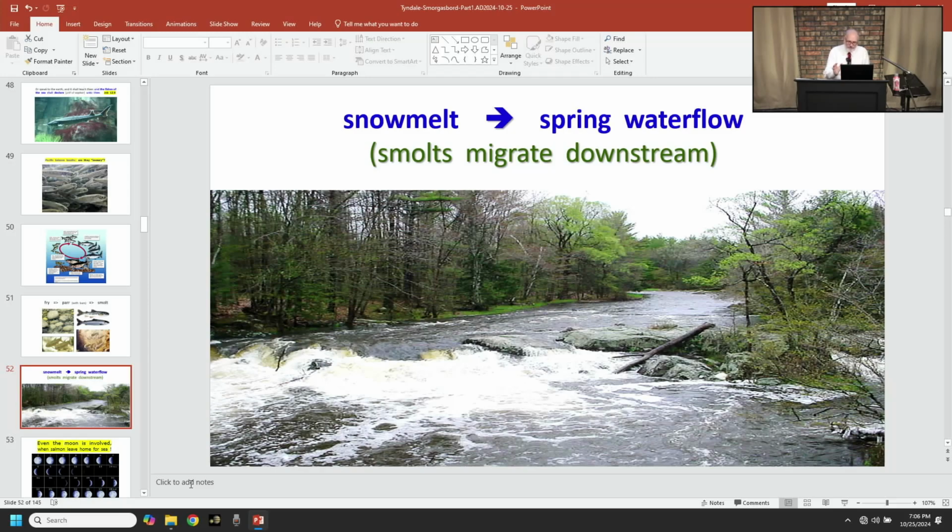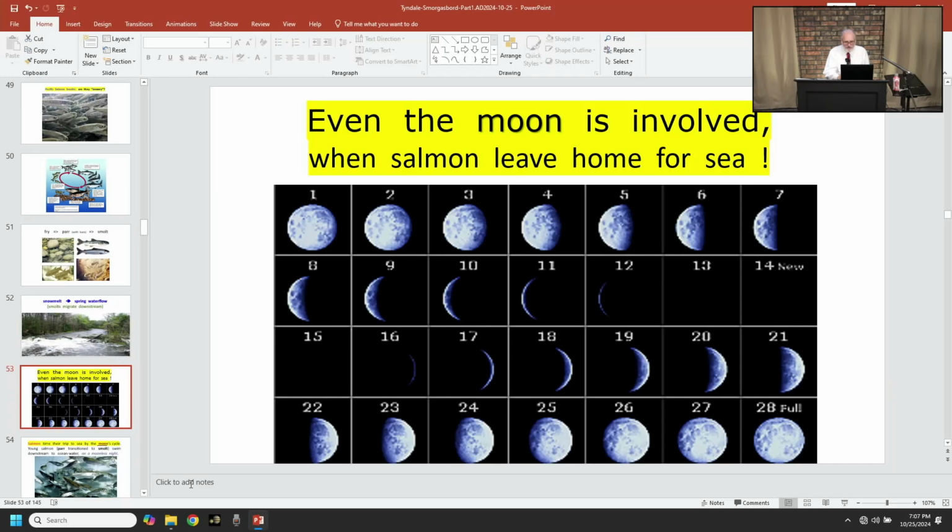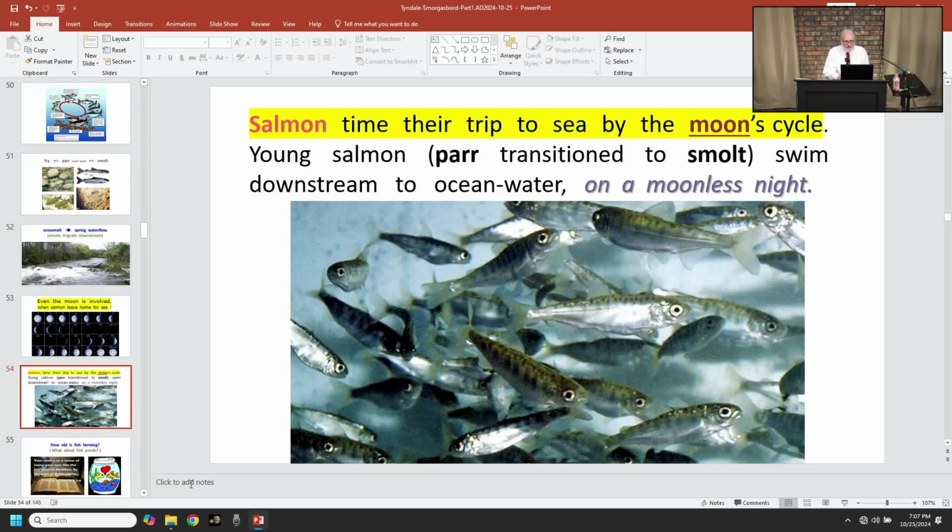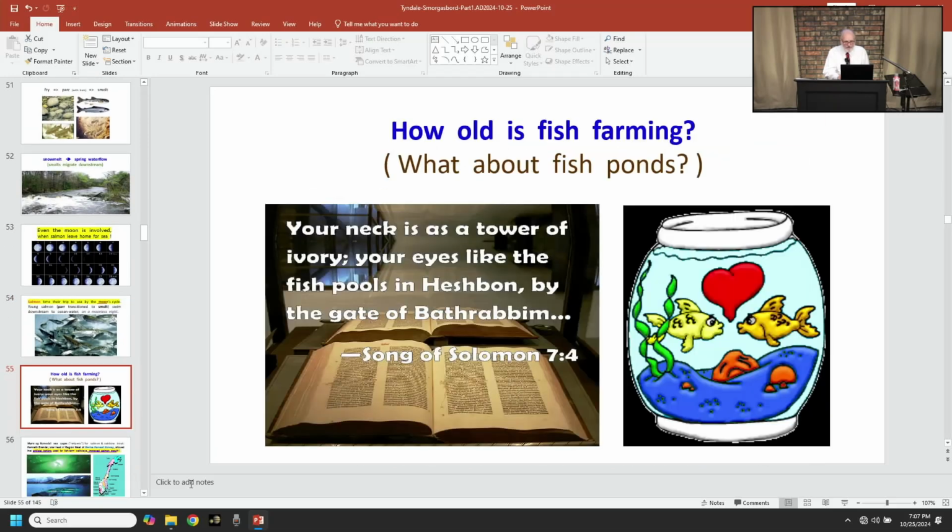Sometimes that extra amount of water is loosening a lot of the soil, and so it's a cloudier water. It's harder to see what's in there, and that also adds to the camouflage as they swim downstream, because they only got one chance. And so when the moon is not even seen at all, that's the night when they go, and they swim downstream, and there you go.